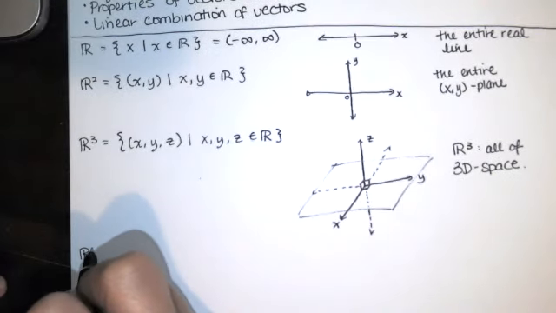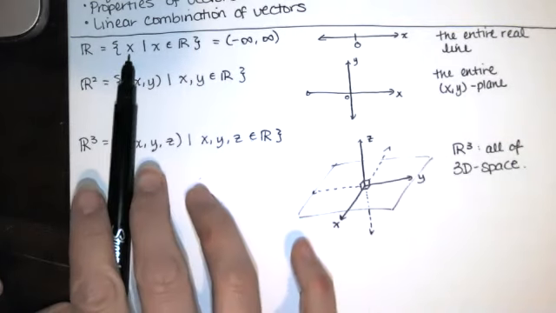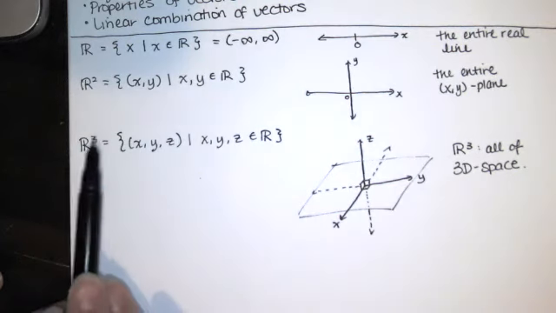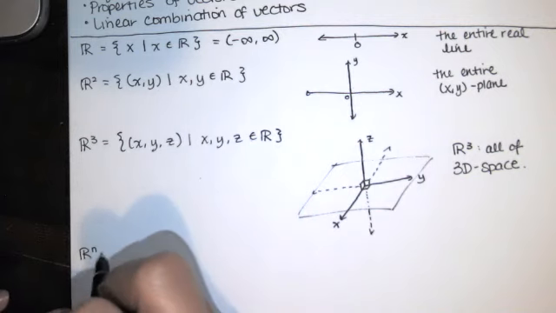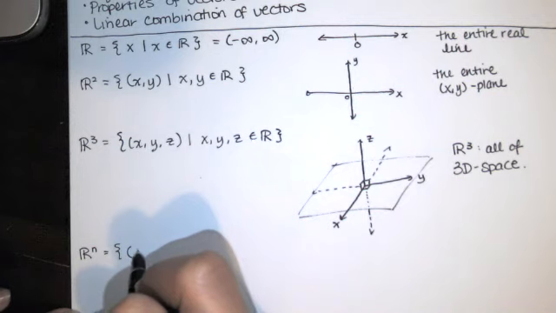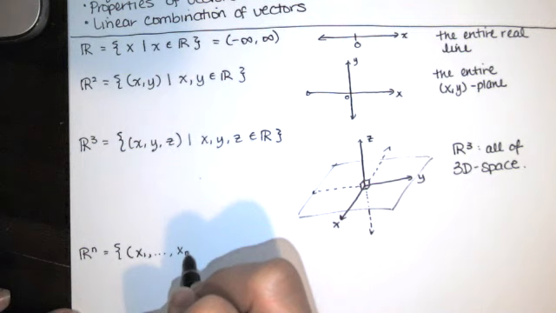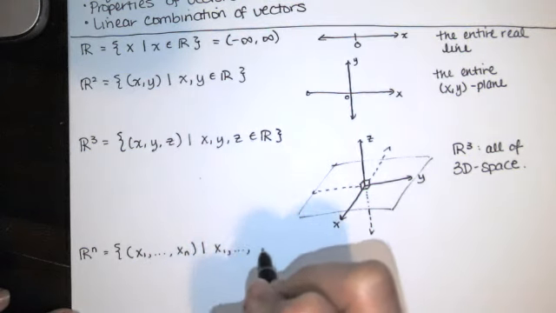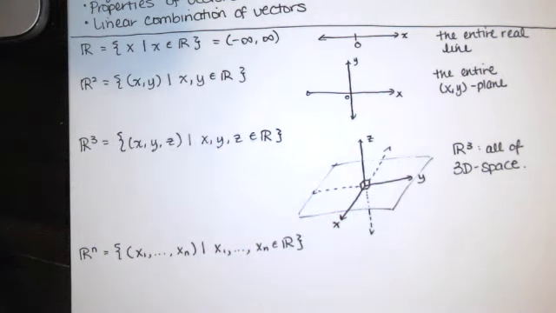So where the real line is a set of all real numbers and just consists of a single value, and R2 consists of a set of ordered pairs, and R3 consists of a set of all ordered triples, Rn consists of the set of all ordered n-tuples. Once you get beyond 3, we usually start labeling them with subscripts. This is x sub 1 through x sub n, where the x sub 1 through x sub n are real numbers. That's Rn. We think of this as n-dimensional space.